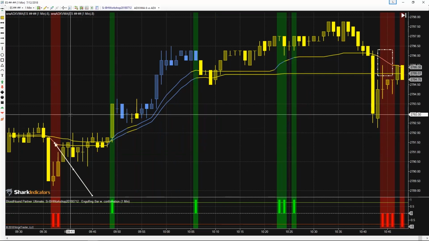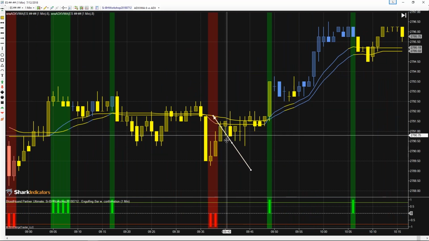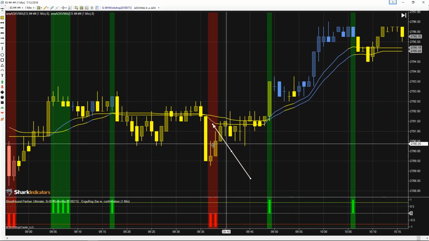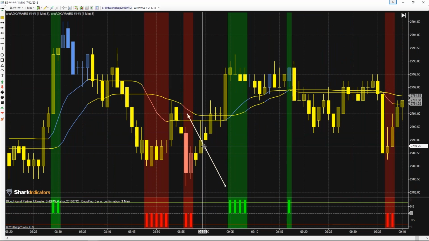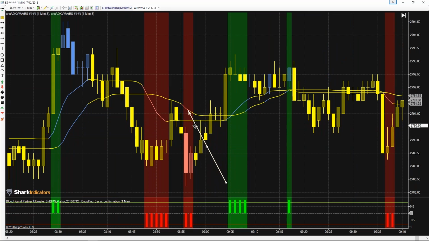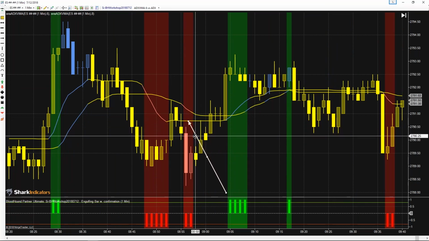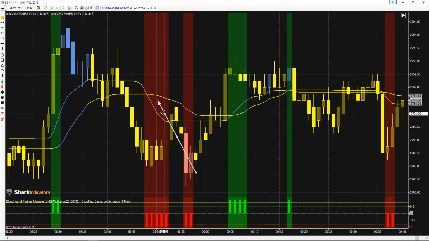And the same is true for a downtrend. If the faster one goes down, but the slower one is neutral, you'll get a short. And let's see here, what do we have? Yeah, looks like the slower one is in a downtrend, but the faster one is neutral, and we have a short. And here, the faster one is down, but the slower one is neutral. So, there we go. I think we have it.